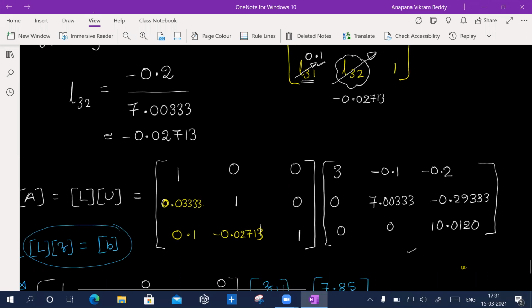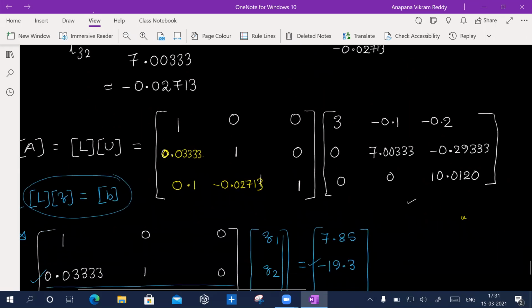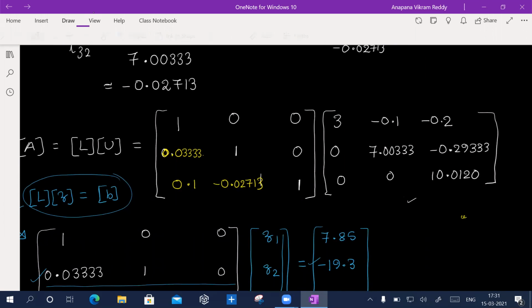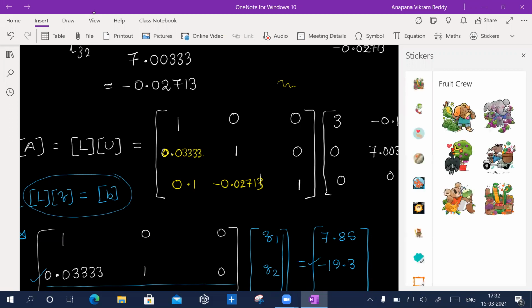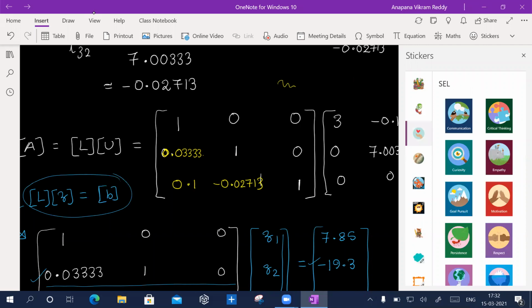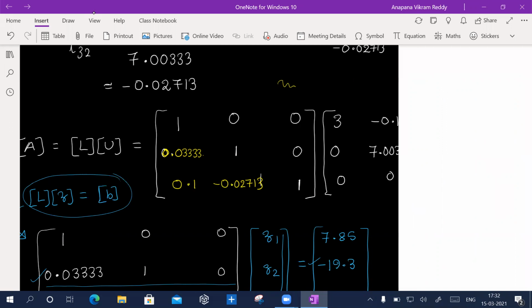I haven't tried copying anything. I have stickers also. I think I saw it on the very first day. Okay, it's taking time. Okay, now no time to verify all this.